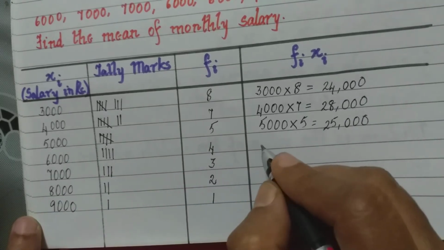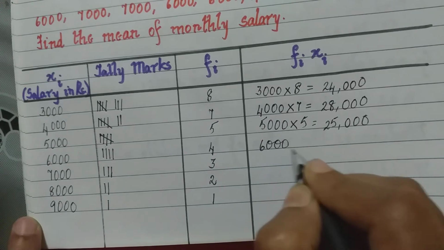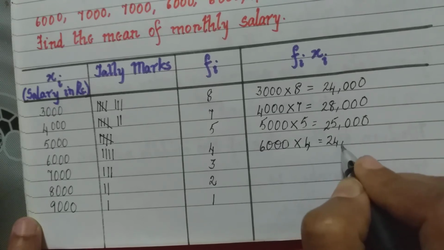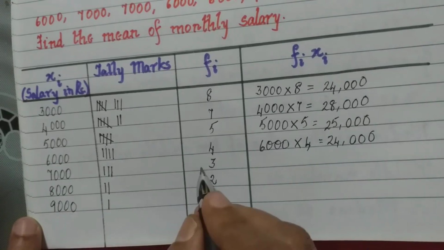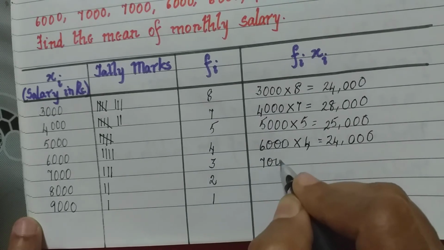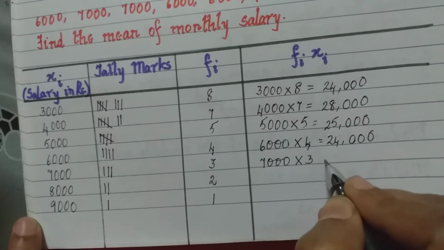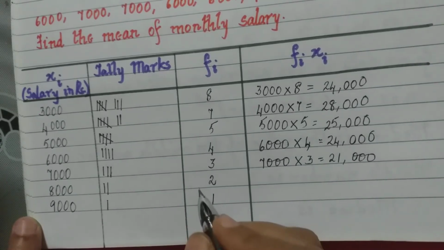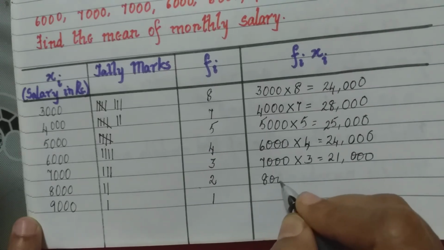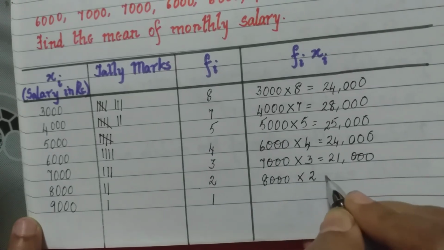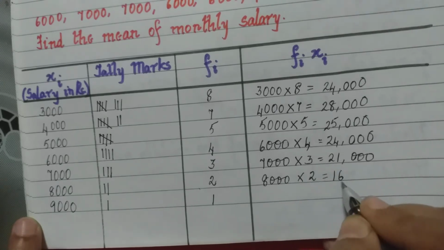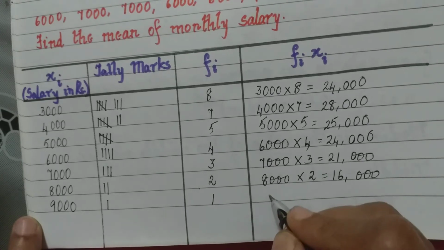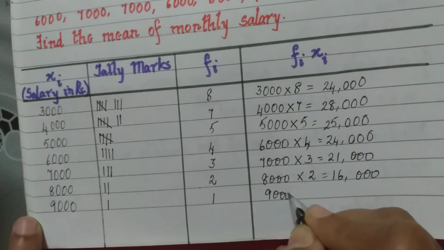Then 6000 into 4, 6 into 4 is 24, followed by 3 zeros. 7000 into 3, 7 into 3 is 21, followed by 3 zeros. 8000 into 2, 8 into 2 is 16, followed by 3 zeros. And the last one, 9000 into 1, which is 9000.